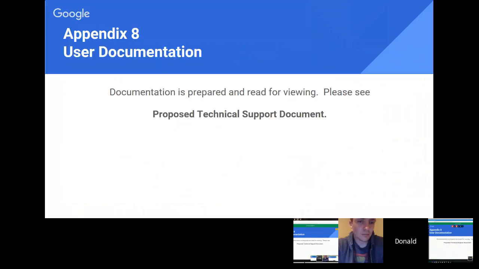And as far as user documentation, we did create it since we have our working software product, and we'll be attaching that so that you guys can go through and actually compile and test the code that we've created for the program. And we added it to our technical support document there, so you guys can have access to that.